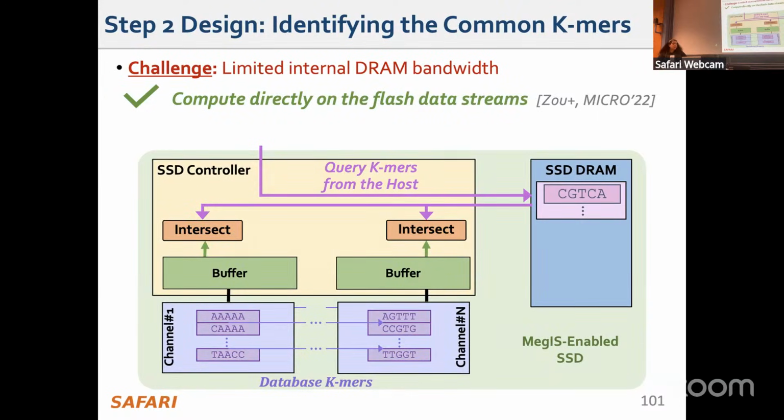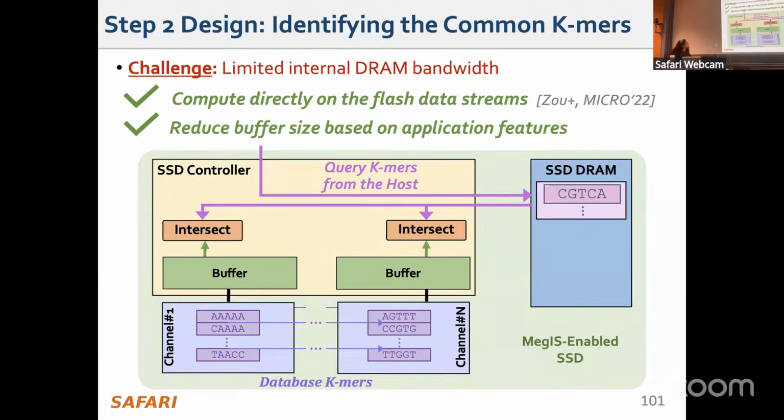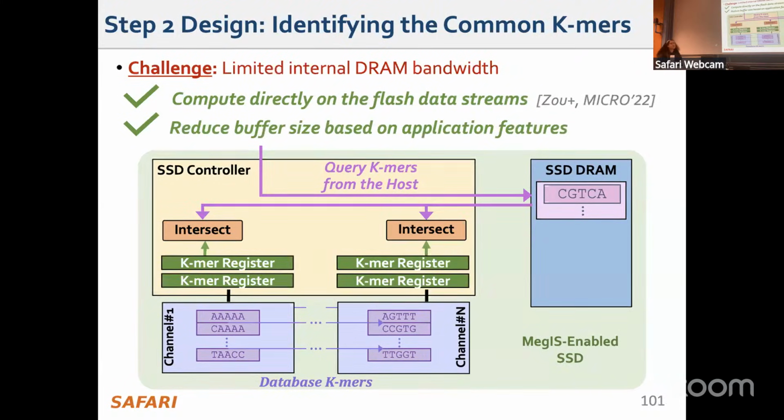Because the operations we need to do are super simple, we can reduce the buffer sizes significantly. We can have just 2 simple registers per SSD channel. One is for the k-mer that we're working with, to find its intersection between the database and the queries, and the other one is for the next k-mer coming from the controller.